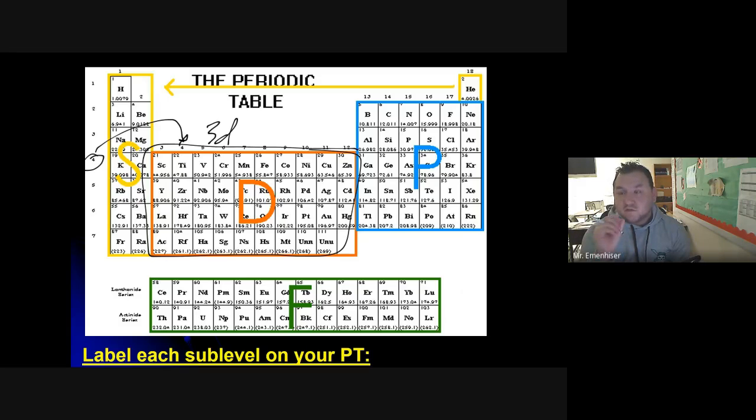Just remember that the first set of d orbitals is called 3D. Elements 21 through 30, scandium through zinc, these guys right here. That's 3D. And then let me clean this up. So that's the 3D there. The next one is the 4D.